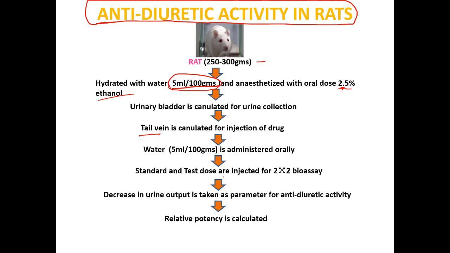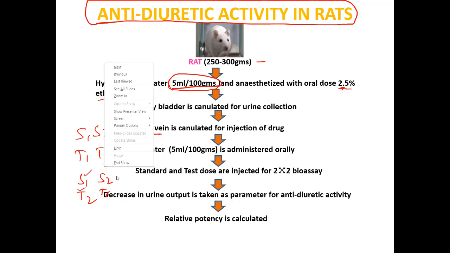Then the standard dose and test dose are injected through the tail vein 2 into 2, S1, S2, T1, T2. Then the next dose S1, S2, T2, T1. The one which received a low dose will now receive a high dose, and the one which received a high dose will receive a low dose.